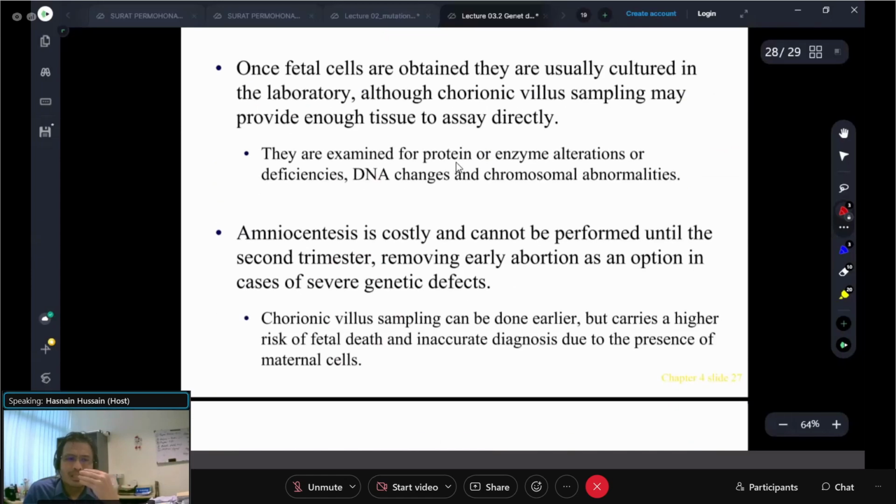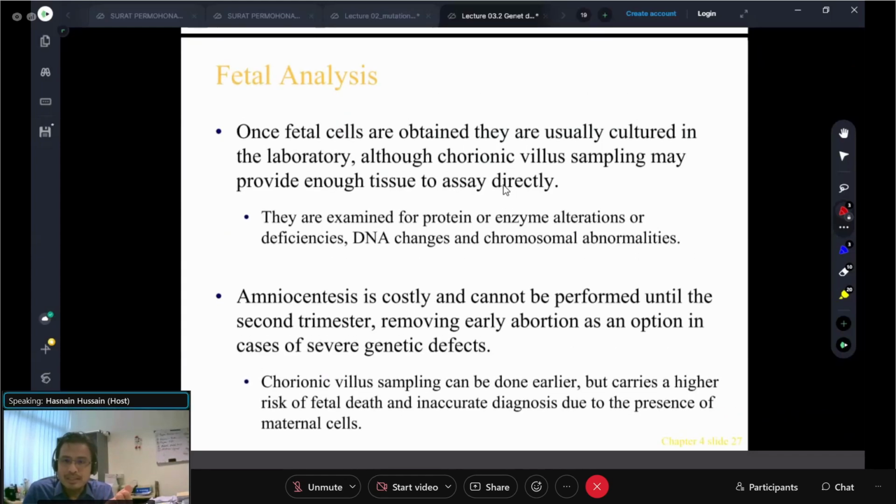These are how genetic disorders are nowadays being detected. Also, fetal analysis is not only for diseases caused by a single gene mutation, but can be used for other diseases caused by multiple enzyme disorders as well.